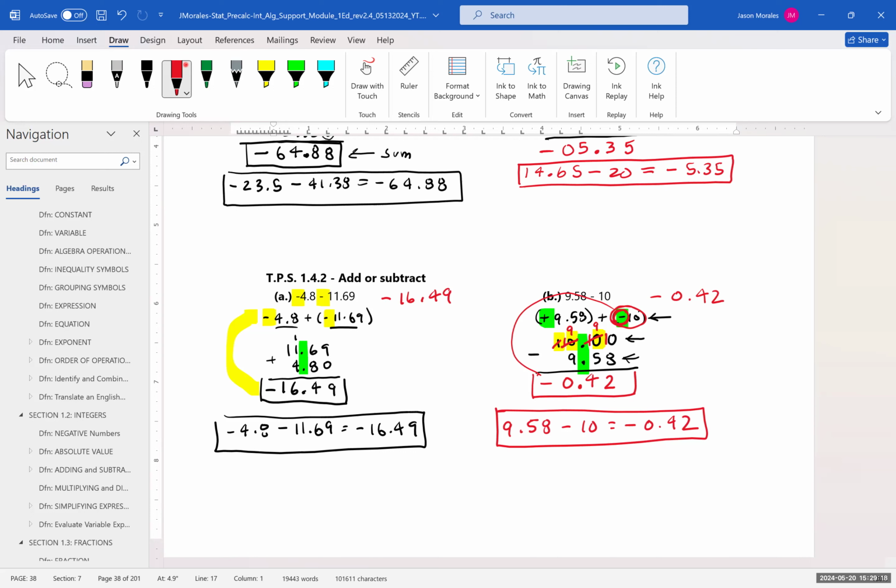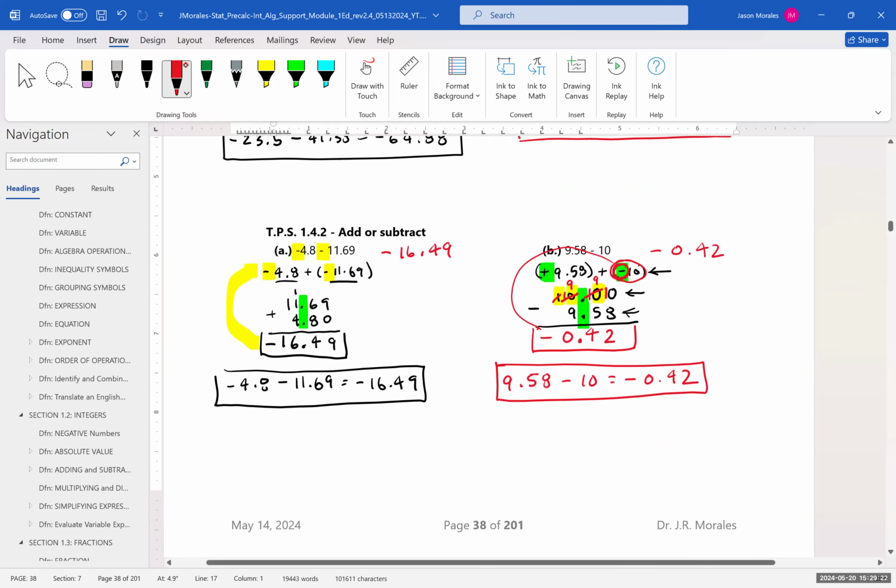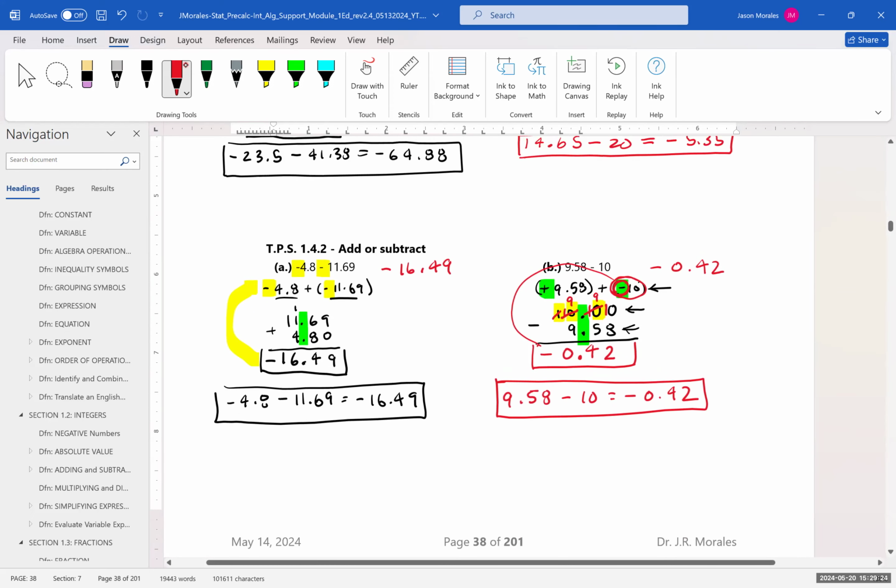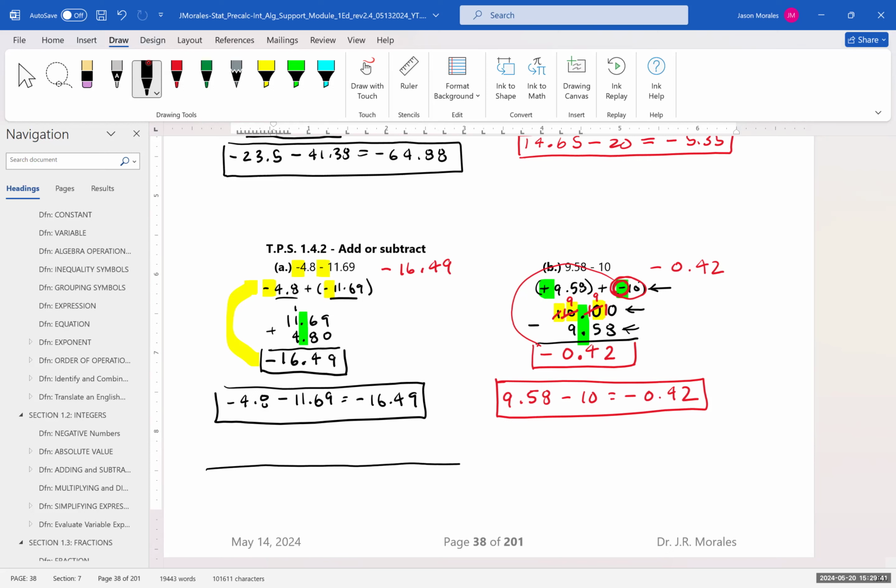Okay. So it might also be useful at this point to try and look at adding and subtracting of decimals or even integers in another way, in maybe a more visual way. So let's draw a number line here across the bottom of this example.